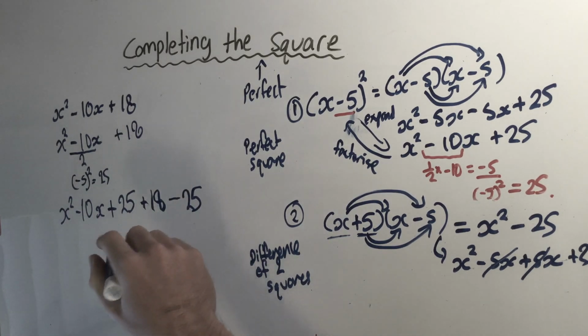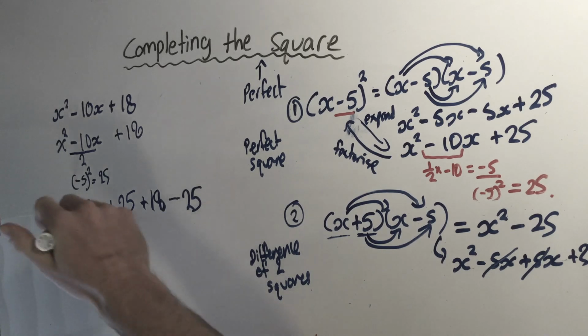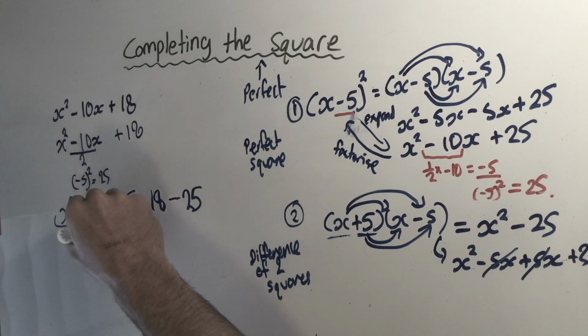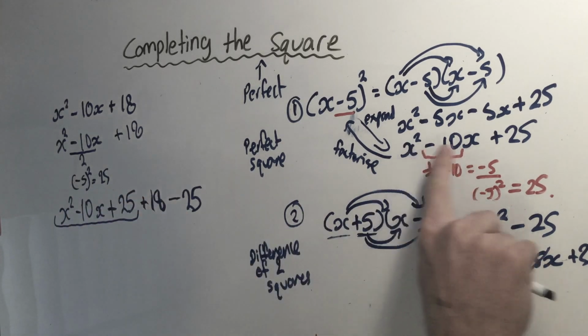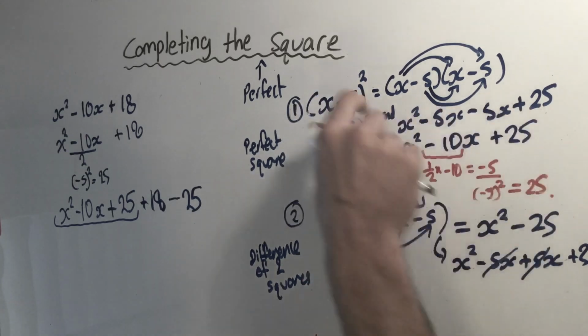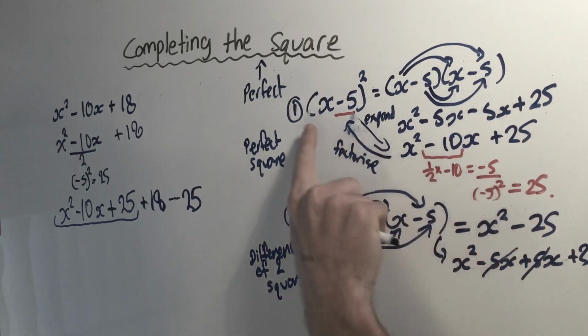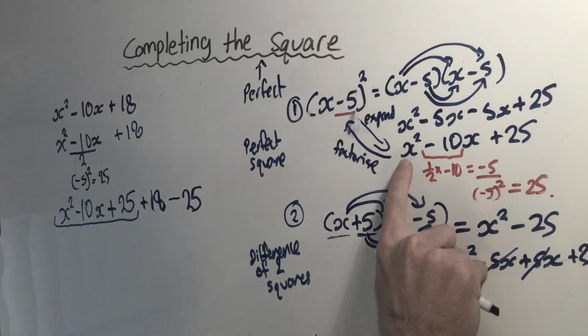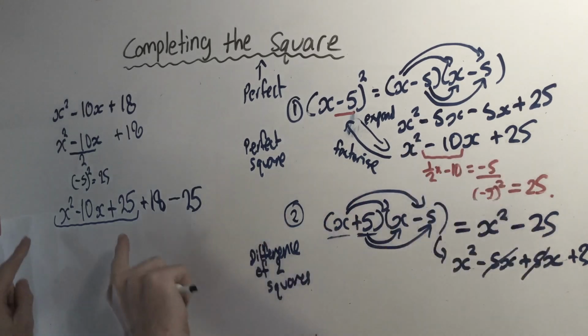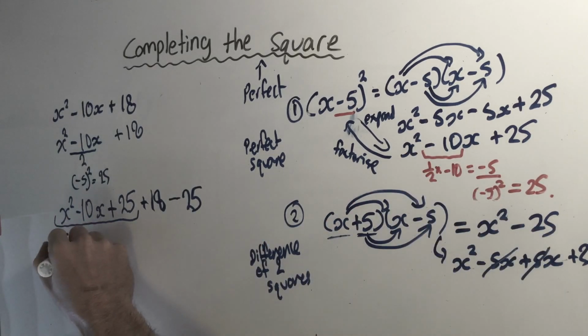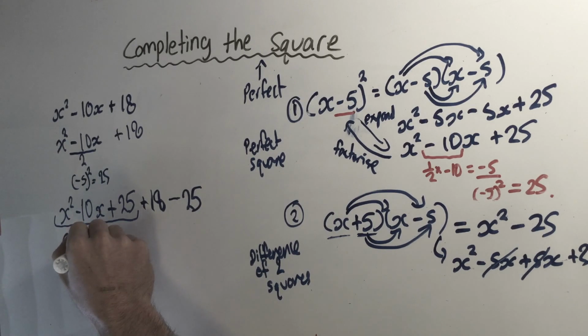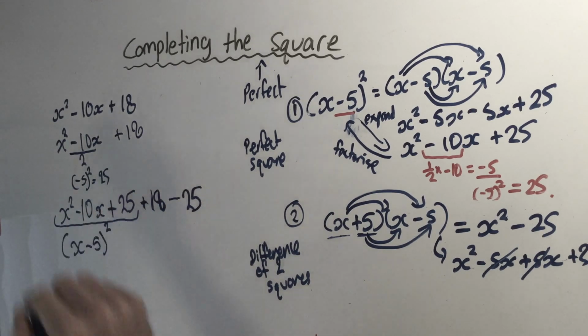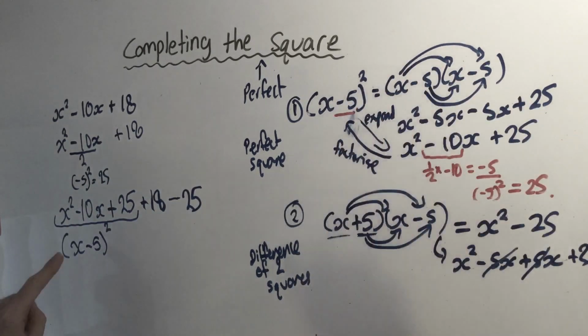Now you're probably thinking, why would you do that? Because I wanted to manipulate this because I know this bit here, as you saw over here, is a perfect square. We expanded it, and it's because x minus 5 squared is the same as x squared minus 10x plus 25, surely it makes sense that I can write this as x minus 5 squared. Now, if I hadn't shown you that before, all you need to remember is that half of that middle term will be the one in this bracket.